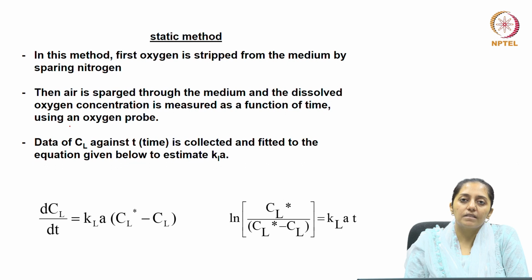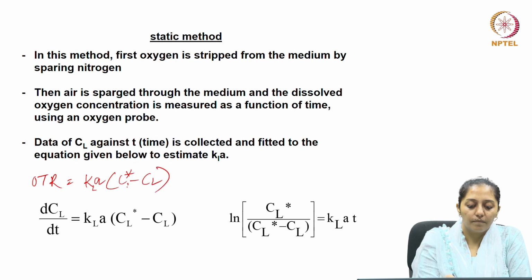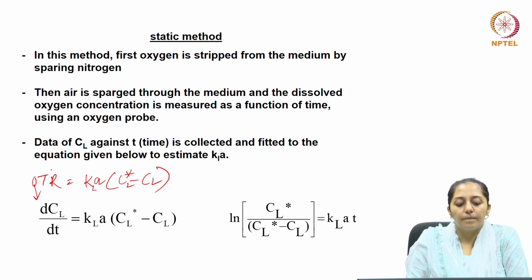So, what we collect is the data of Cl versus time, and now this data is fitted in the equation which we had shown earlier of OTR, the oxygen transfer rate. So your OTR is nothing but dCl by dt, the rate of oxygen transfer.